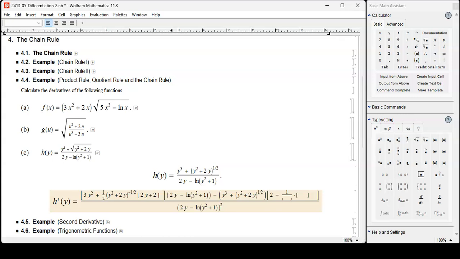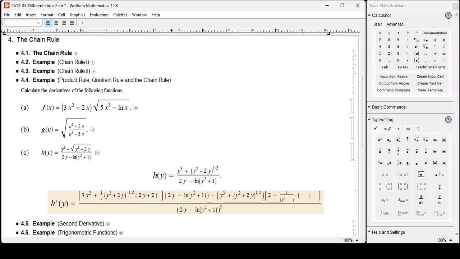What's inside the logarithm? We have y squared plus 1. And then, what's the derivative of the inside? Derivative of y squared plus 1, that's 2y. So you can write like this.